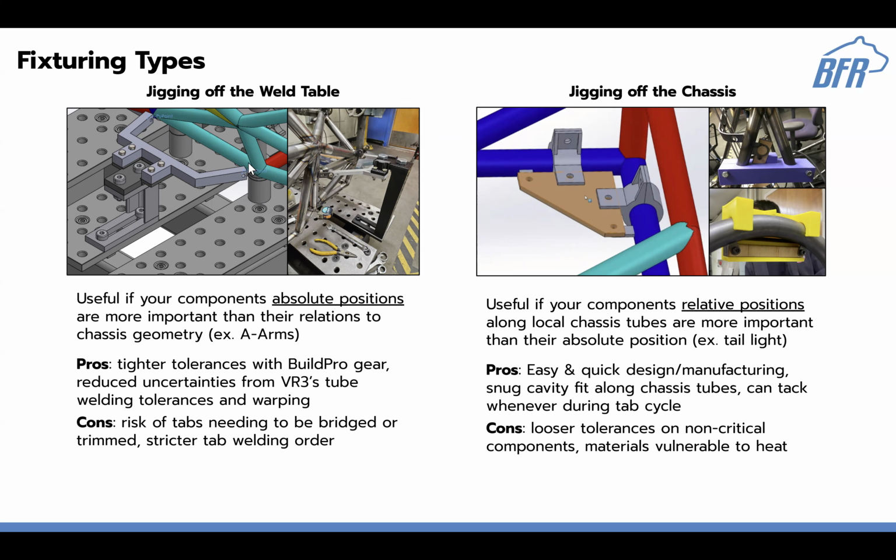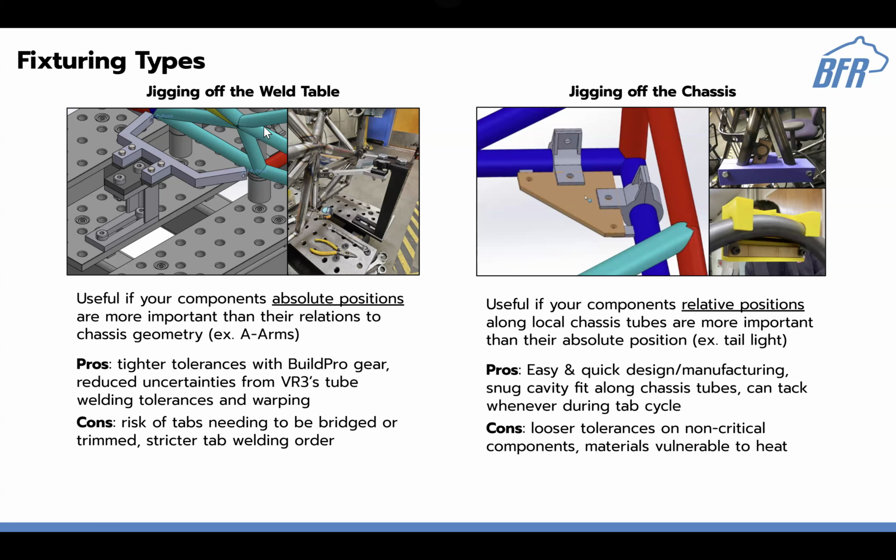It's not actually touching the chassis in any way, versus when you're jigging off the chassis, we're clamping on tubes and directly referencing them. Let's say I'm trying to constrain the A arms of the suspension. I'm trying to position all four of my wheels in a correct spot with as little error as possible.